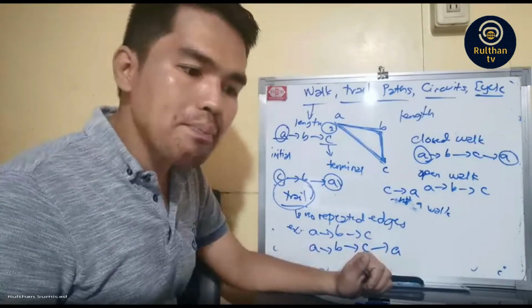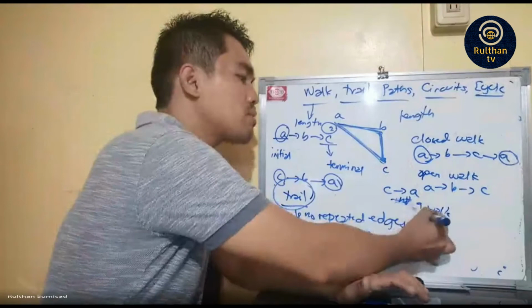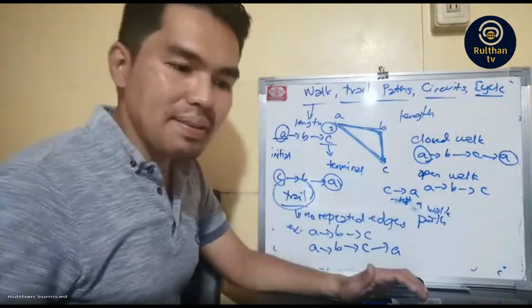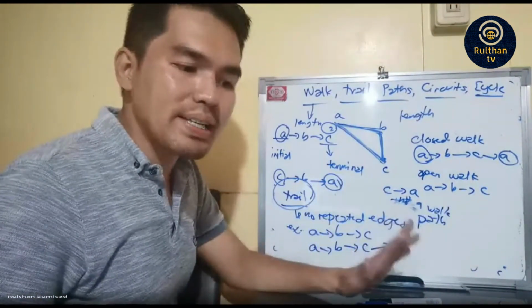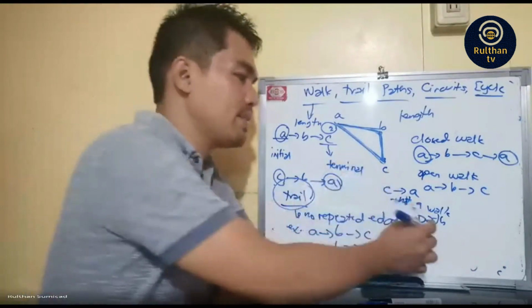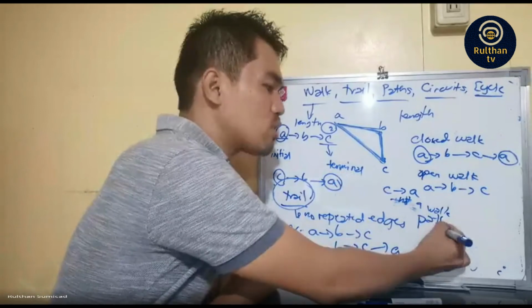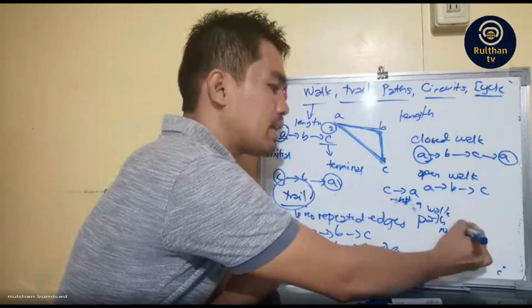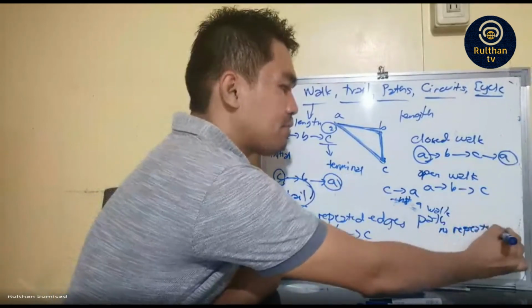Next we have path. What is a path? A path is a walk with no repeated vertices except possibly the initial and the terminal vertex. So a path has no repeated vertex.